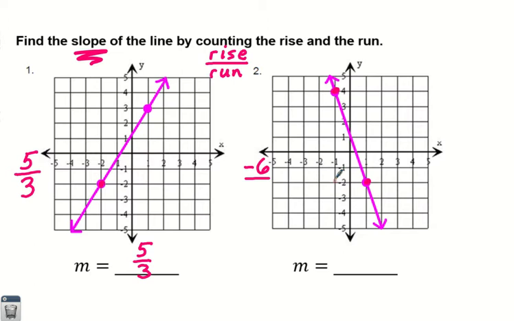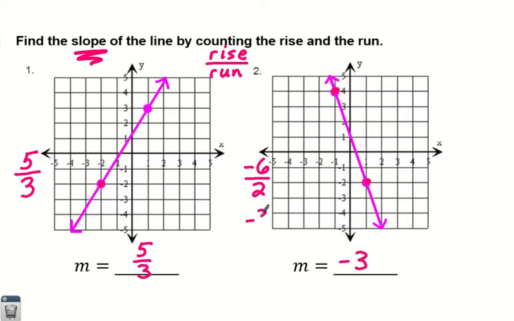And then I'm going to go to the right. 1, 2. And so that's a positive 2 for my run. So rise, run. And that fraction just simply divides clean. -6 divided by 2 is just -3.